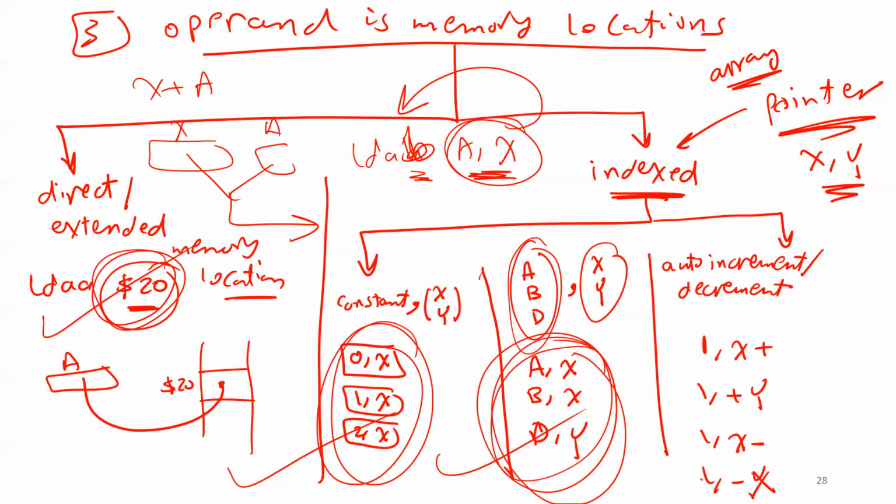I'm going to add x plus a, but I didn't say I'm going to store the result in x. What I said is that, in order to get the address of the location I want to read or write, I'm going to get whatever is in x and whatever is in a and add them together. I didn't say I'm going to store the result in x.